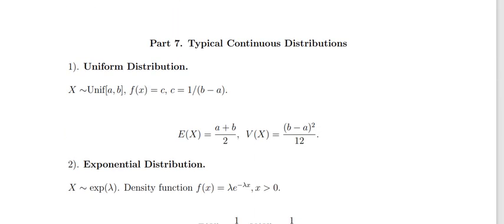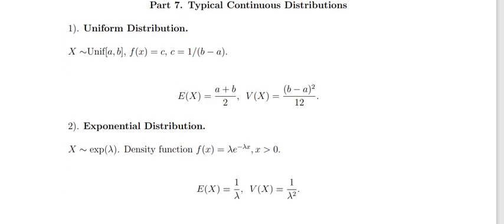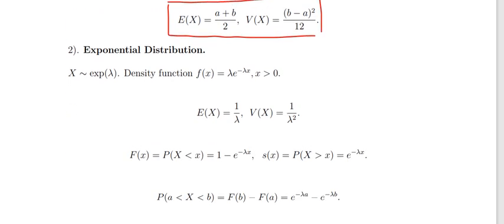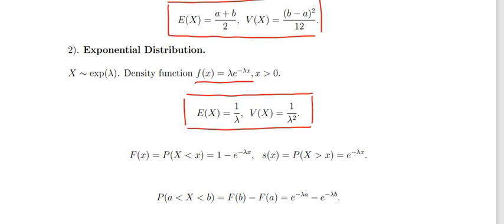For typical continuous distributions, we actually have two. First, the uniform distribution from A to B: the mean is the midpoint, and the variance equals this, so we just use this formula. And the exponential distribution: the density function is this, and we have this expectation and variance.